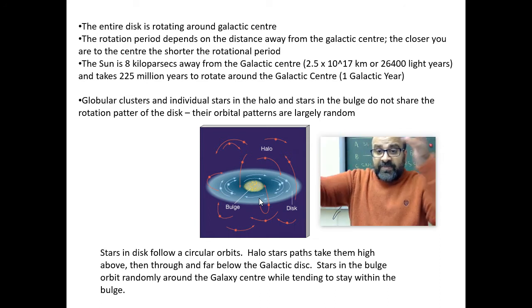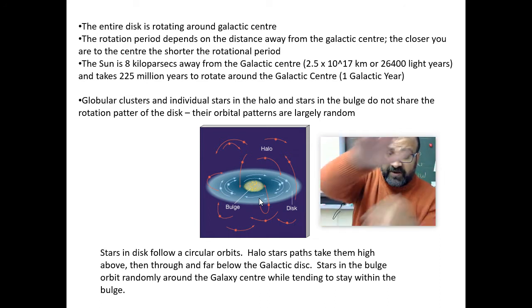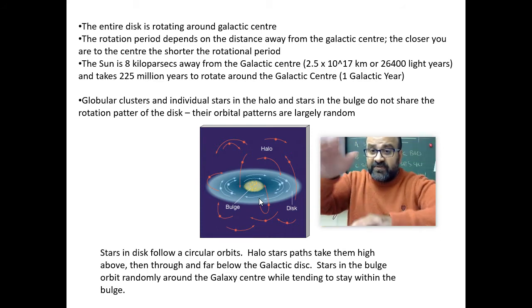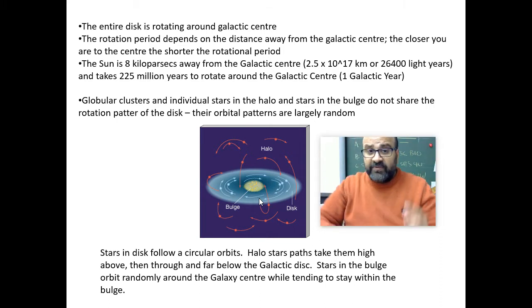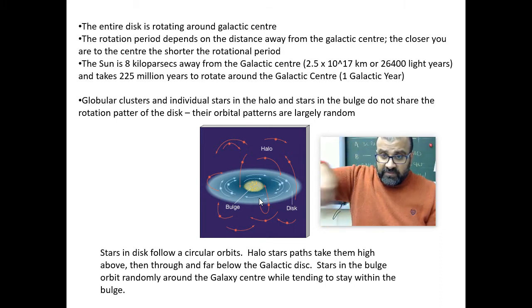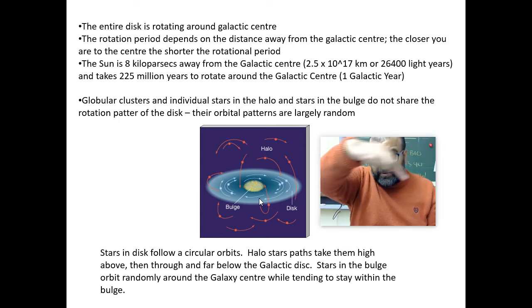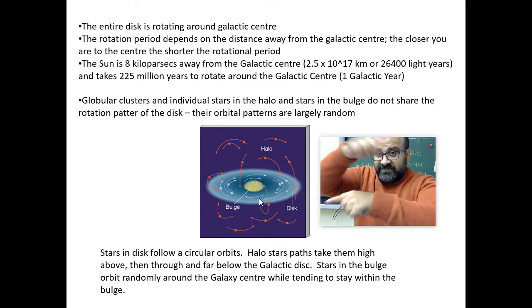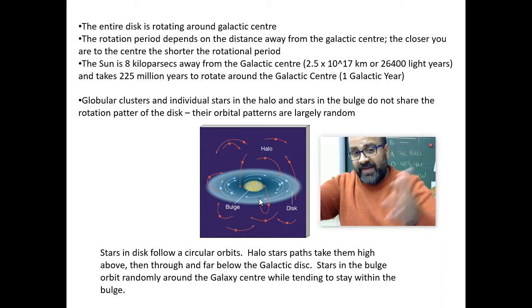Stars in the halo and the bulge are zipping around like a bunch of bees swarming around a hive, right? It's all 360 degrees. Just all the way around. If you're in the disk, you're going around the disk. The bulge, bees, the halo, bees, but longer paths.